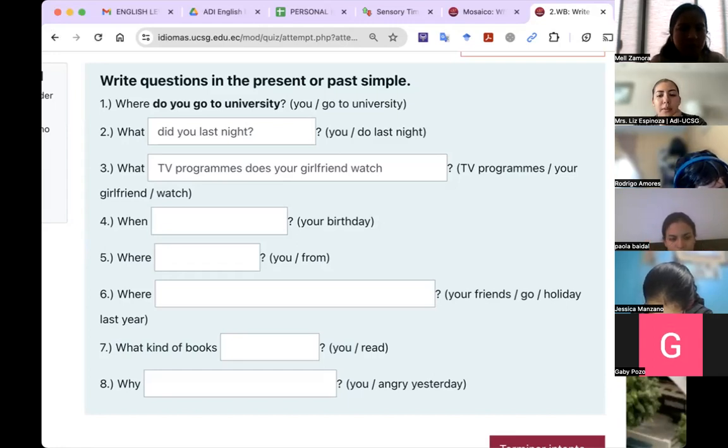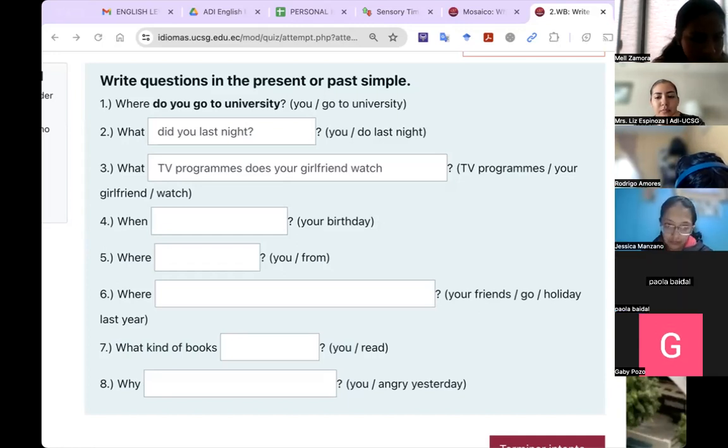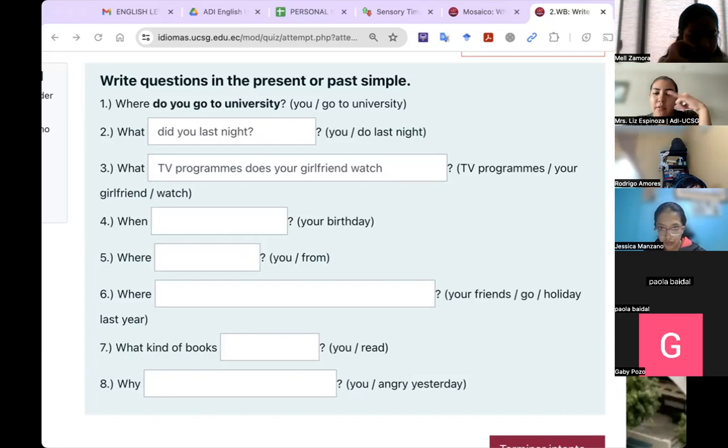Okay, so Gabby, please, number 4. Gabby. When do your birthday? Okay, your birthday at the end is okay. But do, it's not okay, right? Because it says you have a WH word, but then you need the verb to be. Remember, in the verb to be, we have are or is.